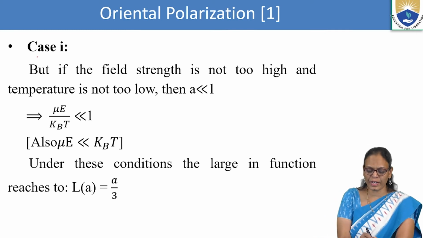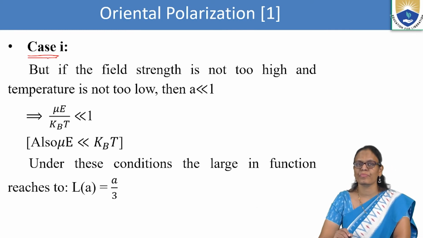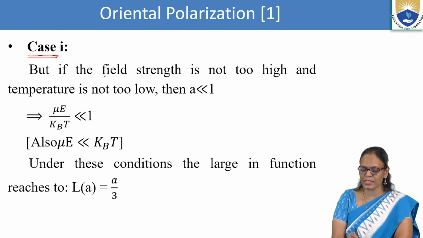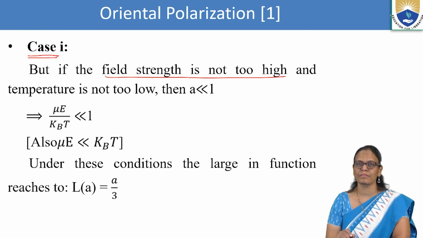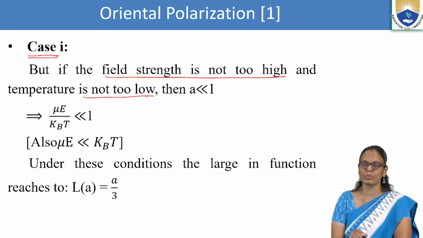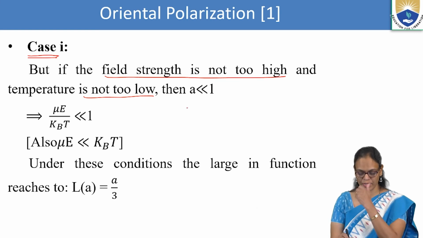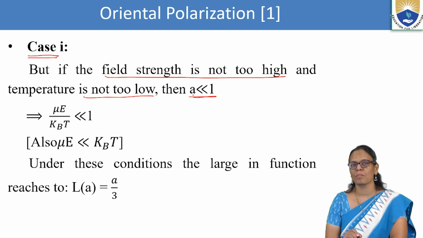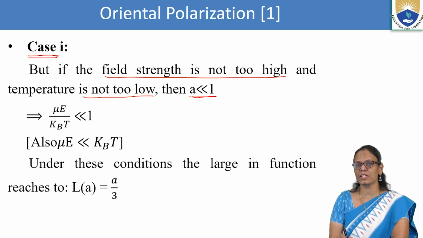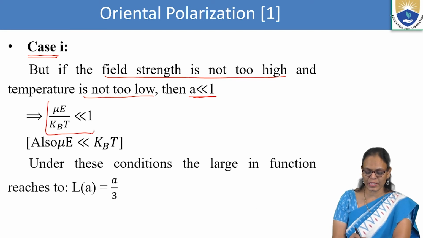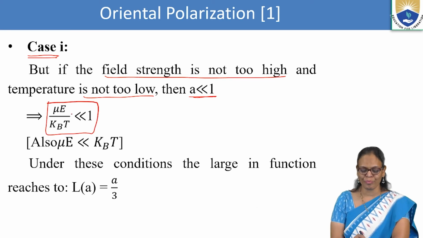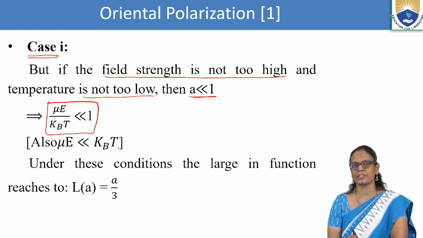Now let us see different cases. The first case: when the field strength is not too high and the temperature is not too low. Under this condition, a is much less than 1. What is a? We have considered μE by kBT equal to a. So μE by kBT is less than 1, or μE will be less than kBT.